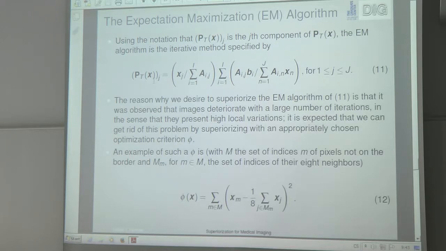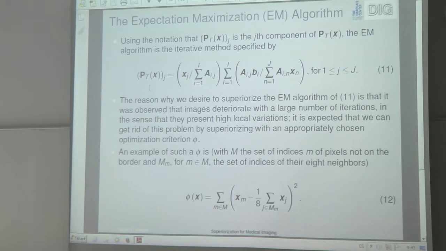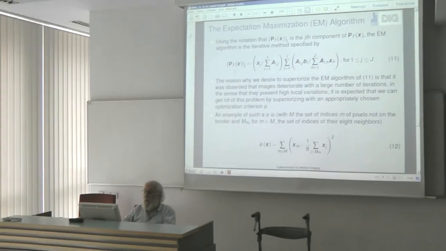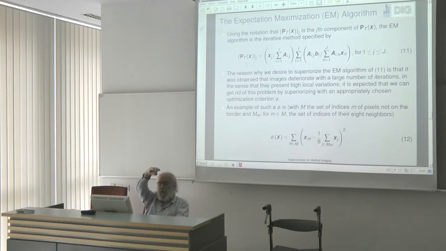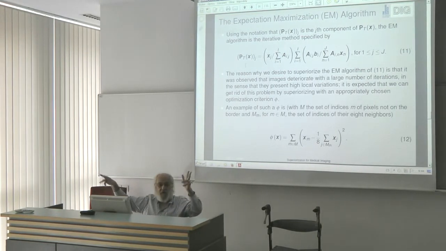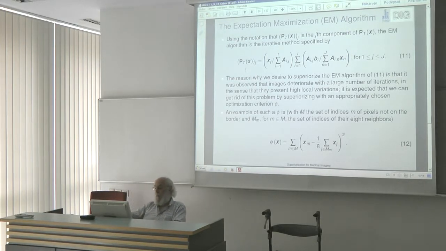And in fact what happened in practice, having proved this beautiful mathematical theorem that this algorithm converges to a minimizer of the Kullback-Leibler distance, people started applying it and found that as you use the algorithm, originally you get images which look better in the sense that you could see medically what you want to see better, but after a while the images deteriorate.